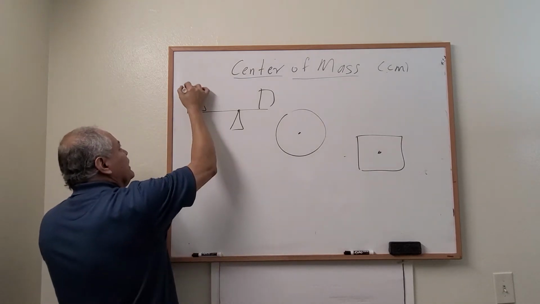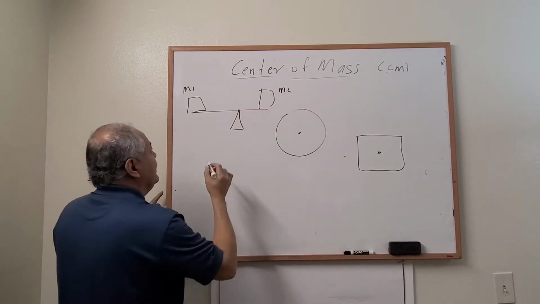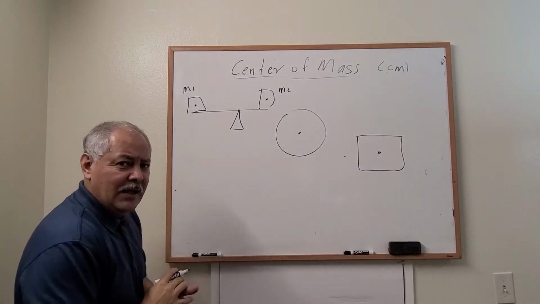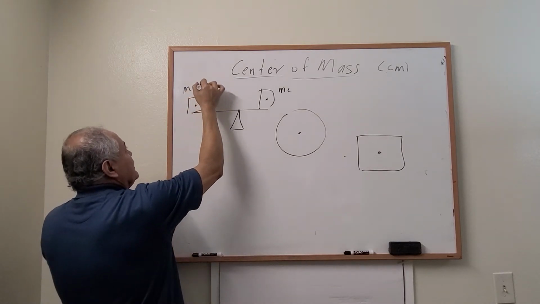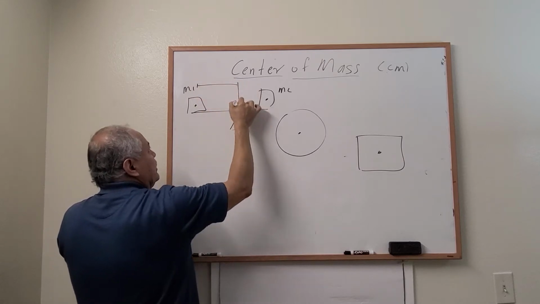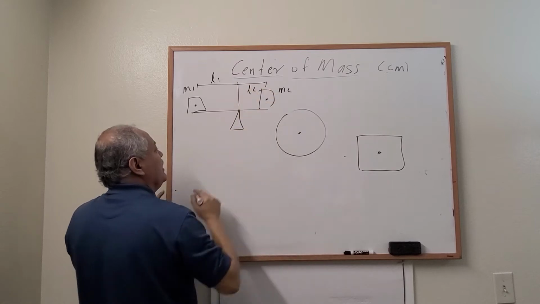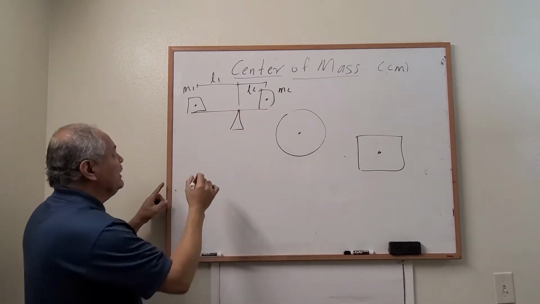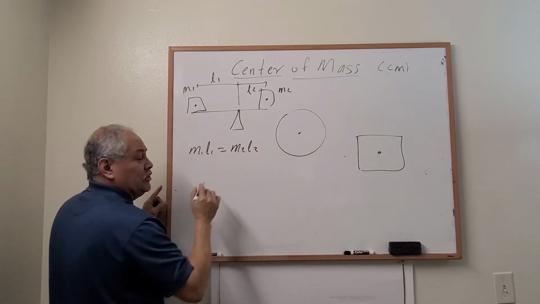We will label this M1 and M2, and the center of mass of these two objects at their centers, and also the distance from the equilibrium position to each of the centers of mass, like L1 right here, and L2 right here. So the condition for equilibrium for this system is going to be M1 L1 equals M2 L2.